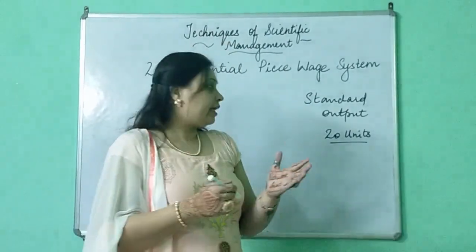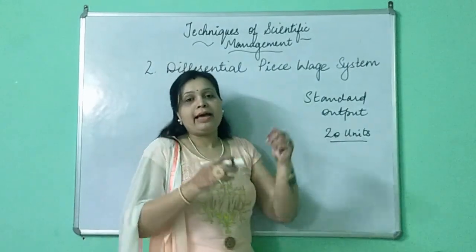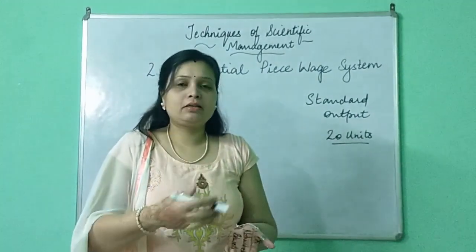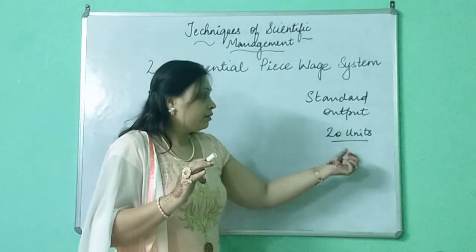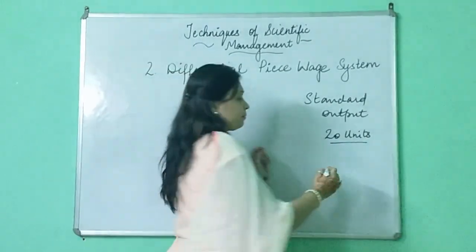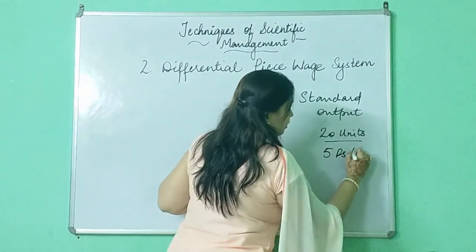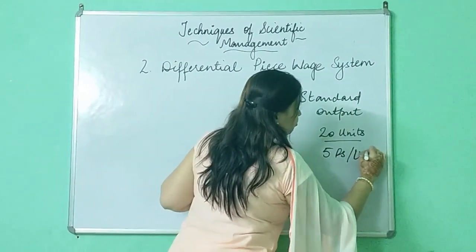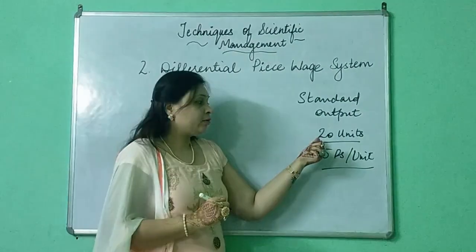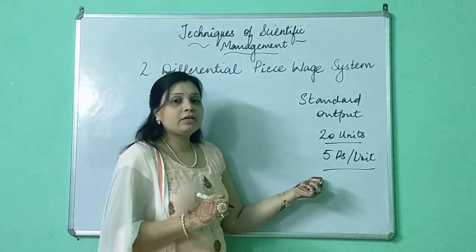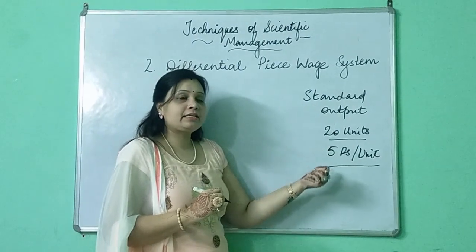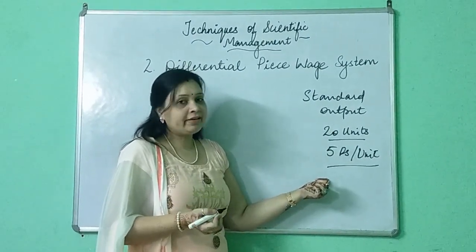Wage means that per day they will be paid according to the units they produce. For example, if we are giving wages per unit, our rate is 5 rupees per unit. If a worker makes 20 units, he gets 100 rupees per day. And a worker who makes 15 units gets 75 rupees.